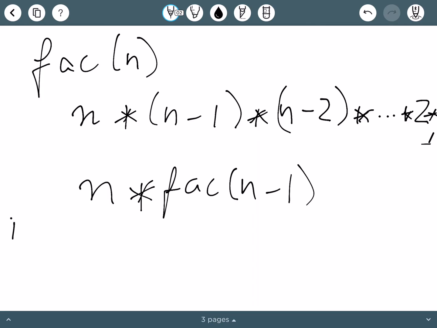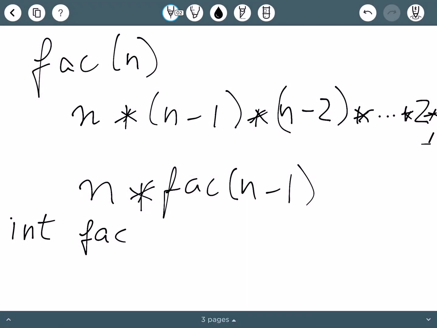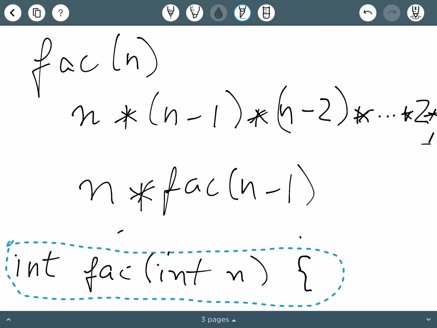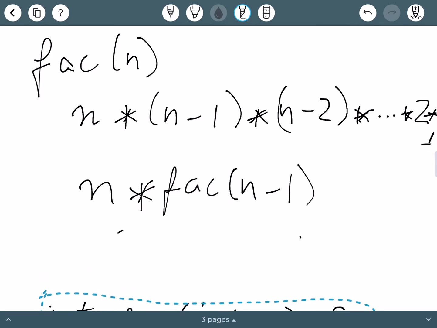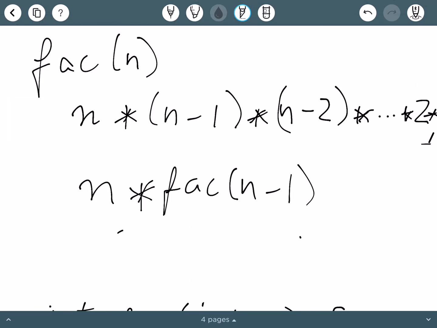I want my function to return an integer. The name of my function is fac, and it receives an integer parameter n. Let me think about how I want to do it. I need more space, so let me move this piece down to the next page. Oh, it didn't let me. Okay, I'll write it again.